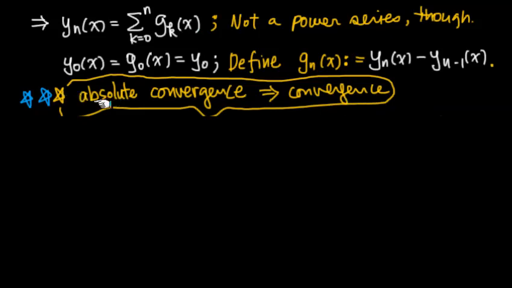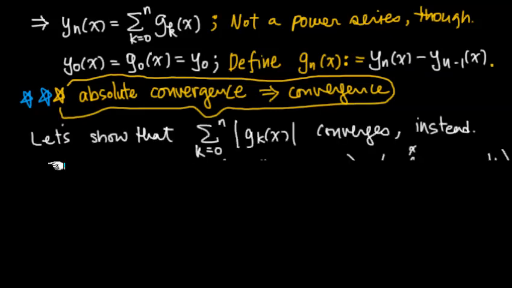So we're going to establish the stronger statement, the absolute convergence of this series for a fixed x value. Then it'll obviously prove the general convergence. So this is our goal. We change that term to a positive term, look at this series of positive terms and show this one converges. That'll imply that the original series converges as well.